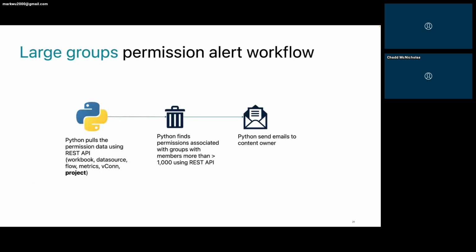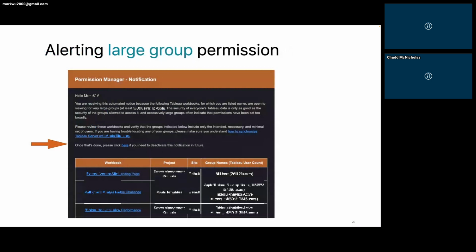Similar to All Users, but the Python script finds the permission associated with any group with more than, for me, 1,000 members. I can configure that. Anyone who chooses a group with more than 1,000 users will, one time, receive an email alert. Nothing wrong. Something like this.